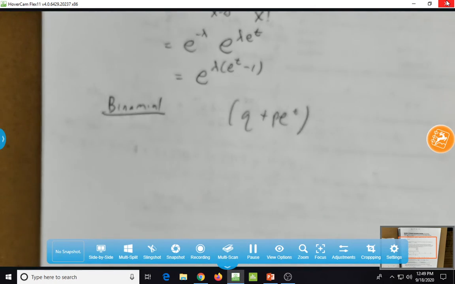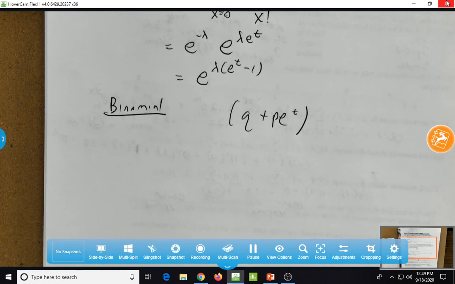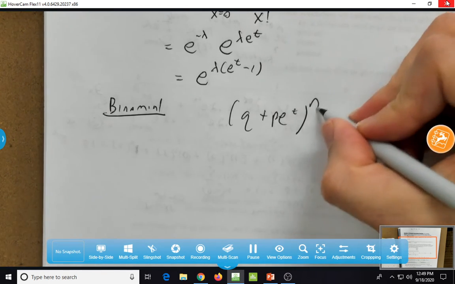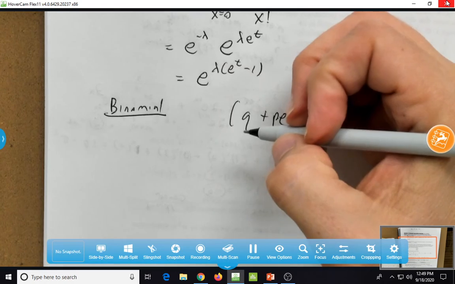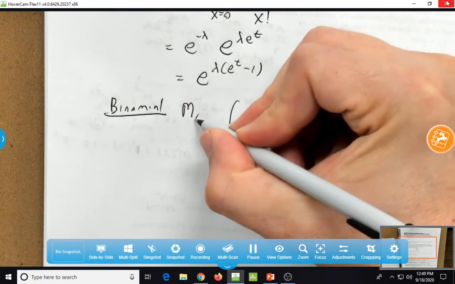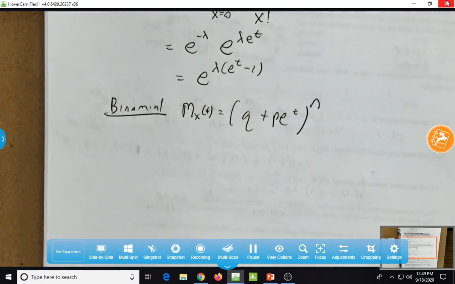So this is the Bernoulli. If we raise it to the nth power, this is the binomial, because all we're doing is just taking the product of the various moment generating functions. And if you took this derivative and set it equal to 0, you could find the mean and also the variance. Actually, if you took the natural log, this would also be easier.